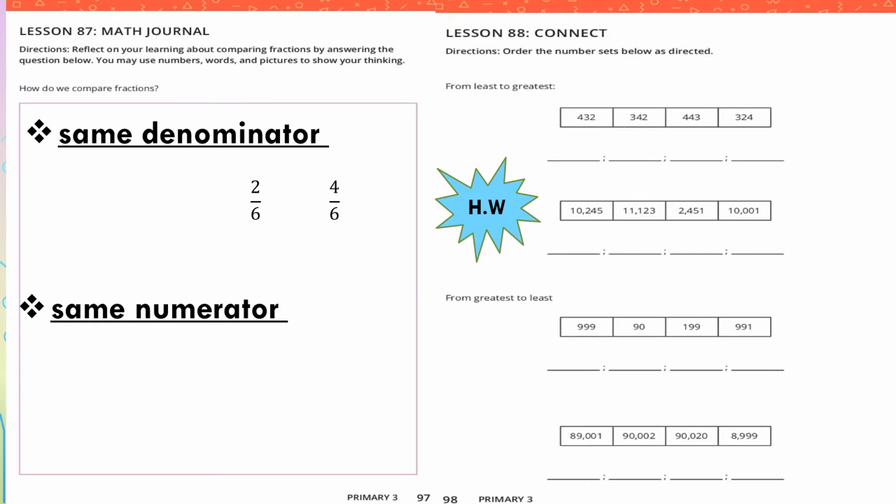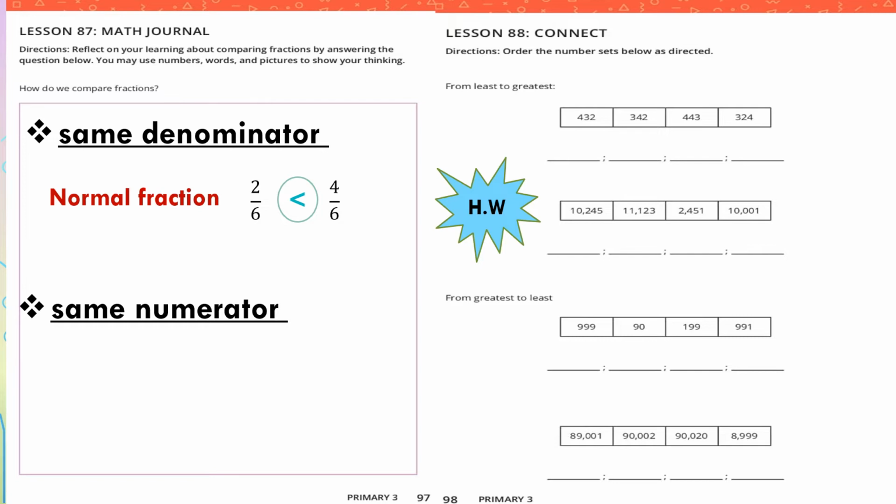It's the same denominators, so we will compare the numerators. Which is bigger in normal, 4 or 2? Yes, 4 over 6 is bigger than 2 over 6. So it's called normal fraction.